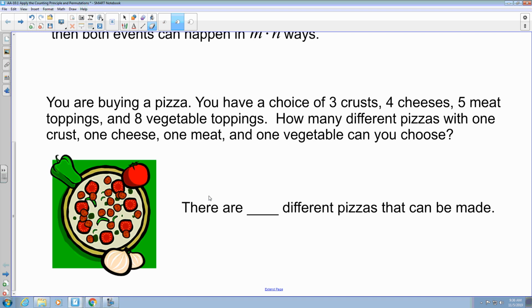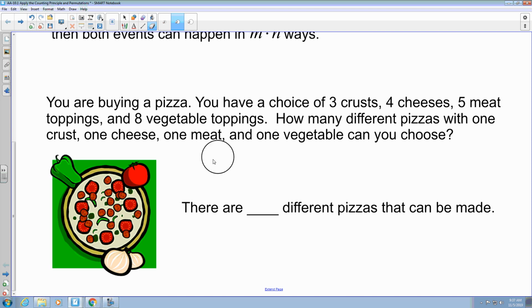So if we were to implement the counting principle to this problem, it says you are buying a pizza, you have a choice of 3 crusts, 4 cheeses, 5 meat toppings, and 8 vegetable toppings. They want to know how many different pizzas with 1 crust, 1 cheese, 1 meat, and 1 vegetable you can choose from. So how many crusts do we have?